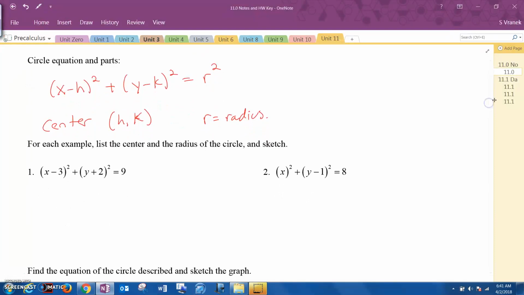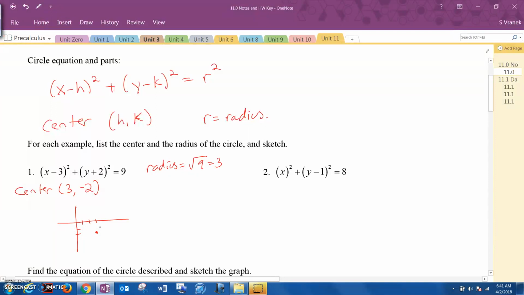So, let's take a look at some of these. Here I have a minus 3, which means the center for this circle will be at positive 3, and that's a positive 2, so it'll be at negative 2. The radius is equal to the square root of 9, which is 3. So if I were to sketch this, 1, 2, 3, 1, 2, the center's right there.